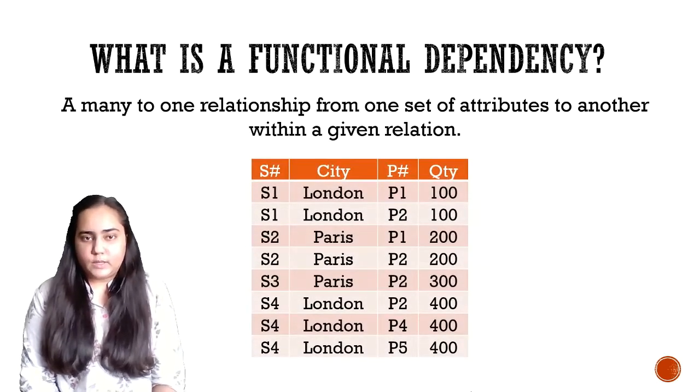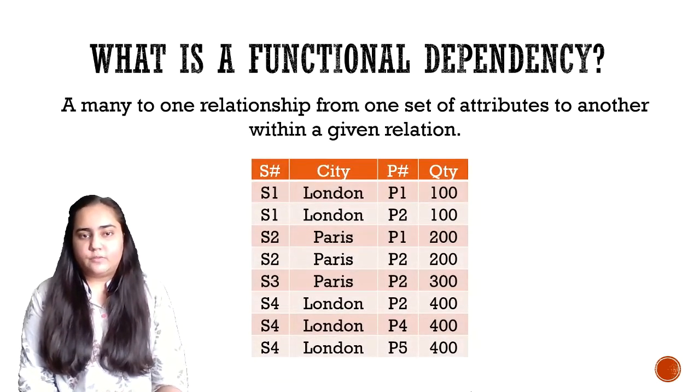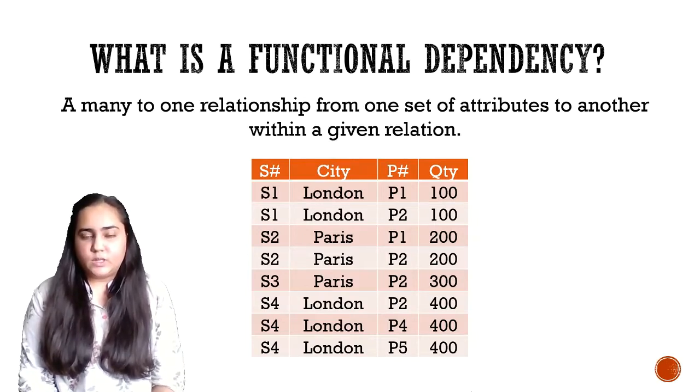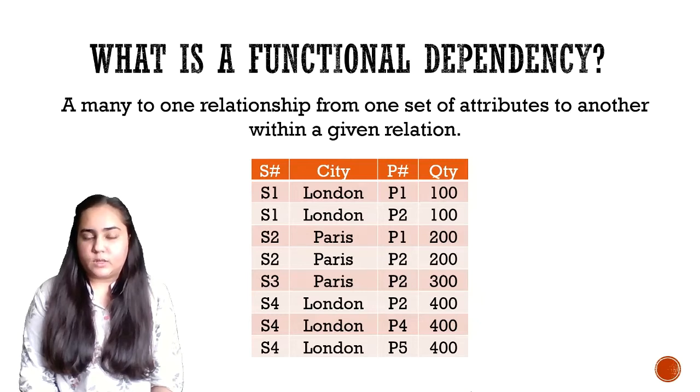First of all, take a look at this table right here. This table contains 4 columns: S hash, city, P hash, and quantity. And S hash stands for the supplier number. This is a very small sample table taken from a database for auto parts supply. So S hash is the supplier number. City is where the supplier is located.